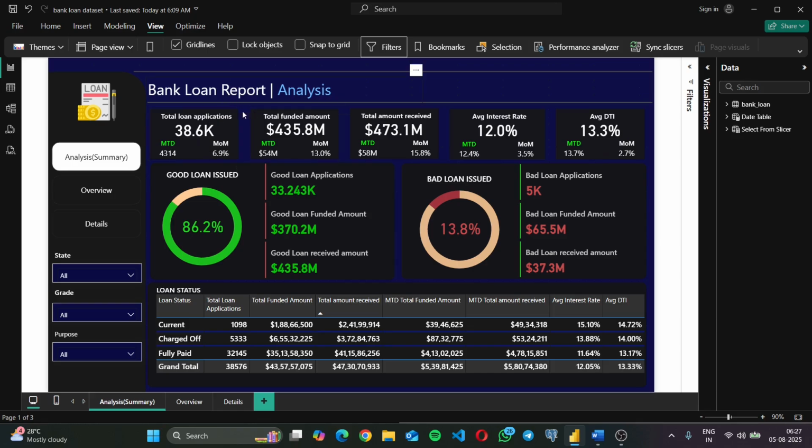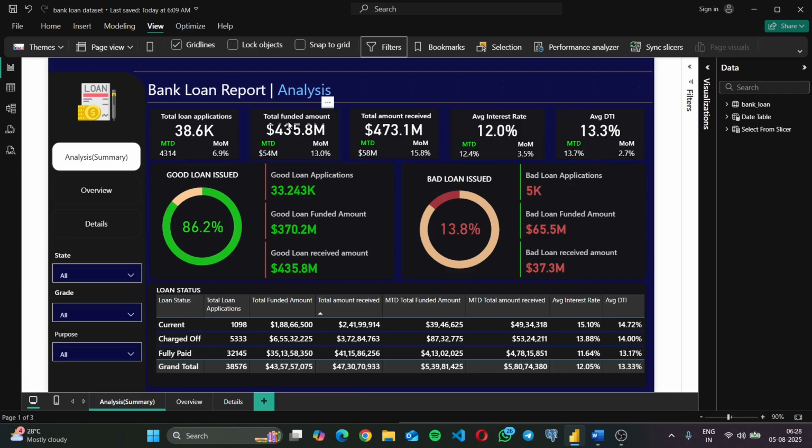Why this particular metric matters is because it is a key measure of customer interest and market demand for loans. If this particular number is rising, it indicates that good market activity is there, as well as people are showing their trust towards the bank. It also highlights trends like, for a particular month, it had 4,314 new applications, which is a significant 6.9% rise from the previous month.